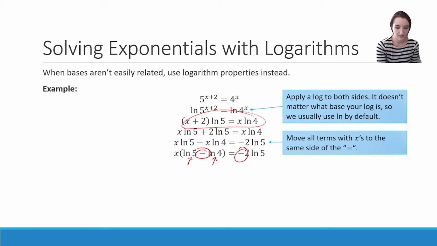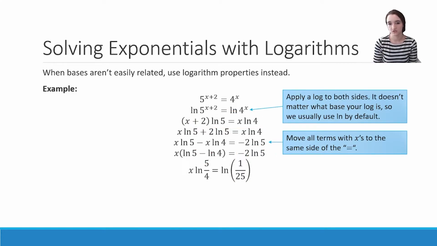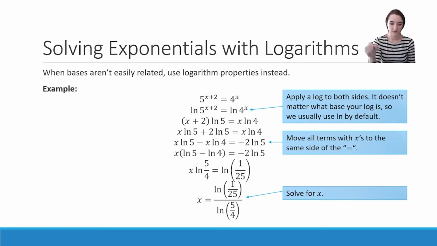And similarly, that negative 2 can be brought inside to be ln of 5 to the negative 2 power. Now notice I did write this as 1/25, but this is 5 to the negative 2 power, because remember that would be 1 over 5 squared, which is 1/25. So once we're there, we now divide over ln of 5/4, and we can solve for x.